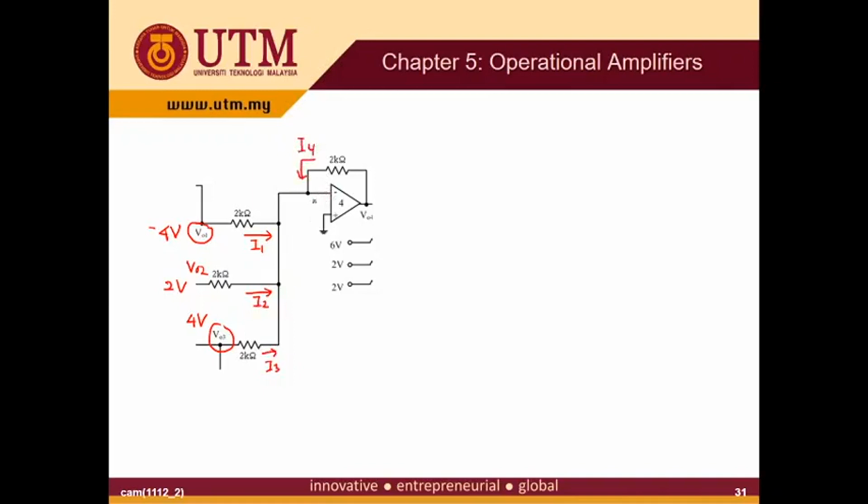Input current is ignored. So all of these currents are entering this node. So this node and this node and this node are the same node. So the KCL here is I1 plus I2 plus I3 plus I4 equal to 0. And then using Ohm's law, I1 is minus 4 minus V minus over 2K.